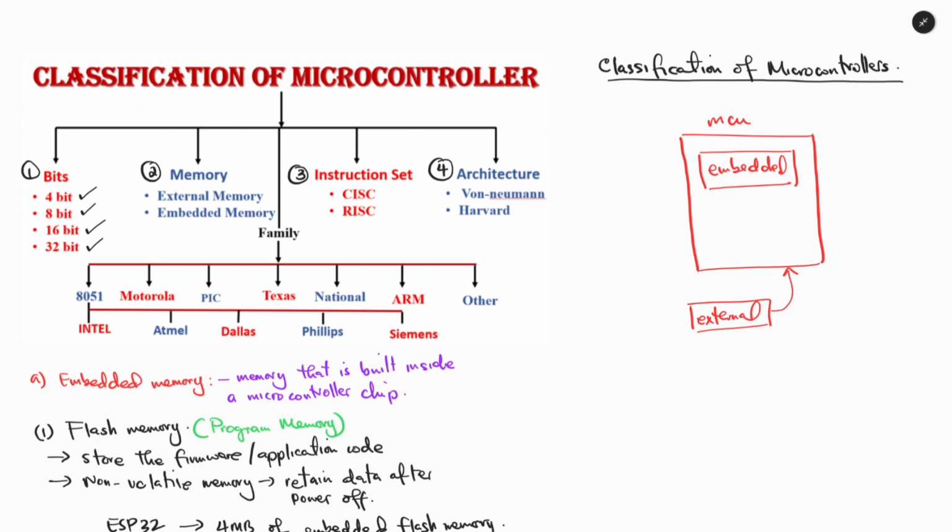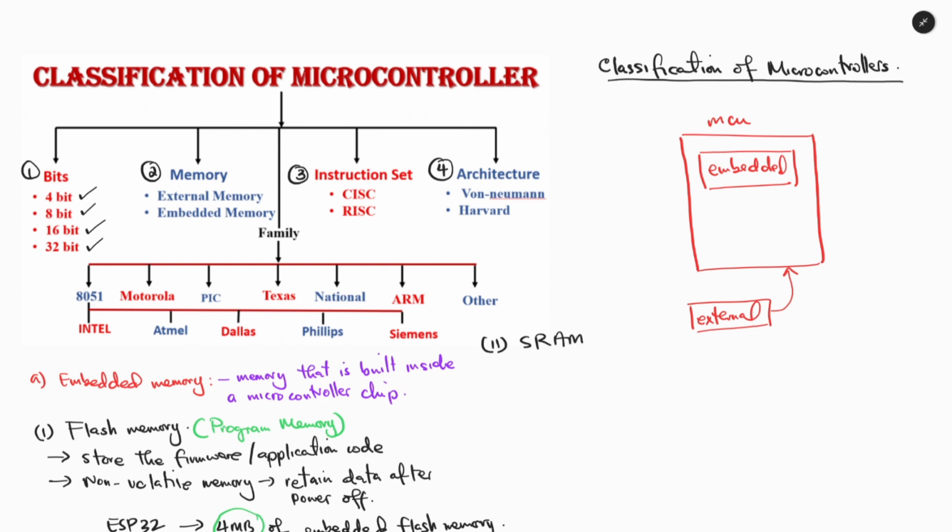And in the case where an ESP32 microcontroller has 4 megabytes of this flash memory, anytime you program the instructions into the microcontroller, you are storing the instruction code inside this memory that can be used later to enable the microcontroller to perform a specific task.